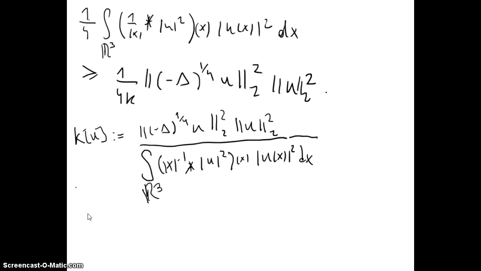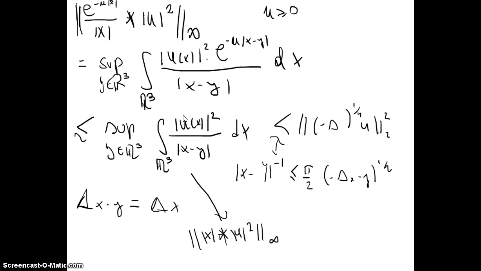Let's try to estimate, to bound the denominator. So we get the integral of 1 over |x| convolution u squared, times u(x) squared dx. We can bound that using what we've used in the first lemma.